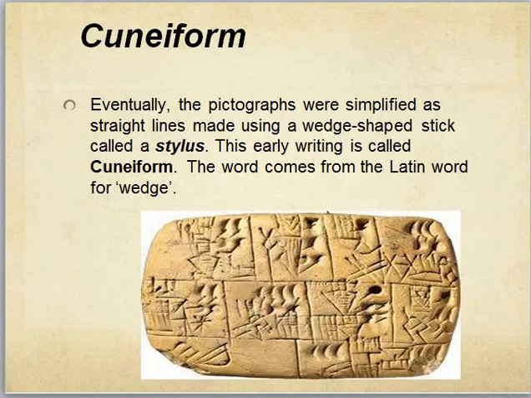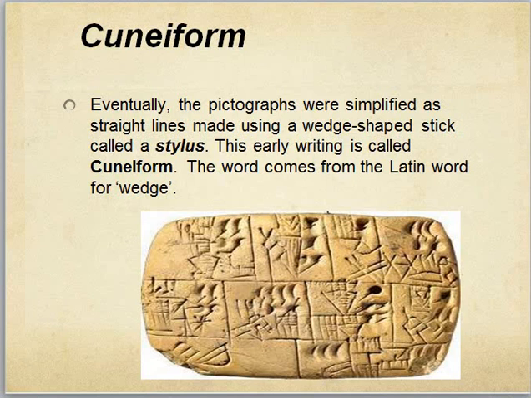Well, the next one is cuneiform. Cuneiform is basically a style of writing. Eventually the pictographs were simplified as straight lines made using a wedge-shaped stick called a stylus. This early writing is called cuneiform.